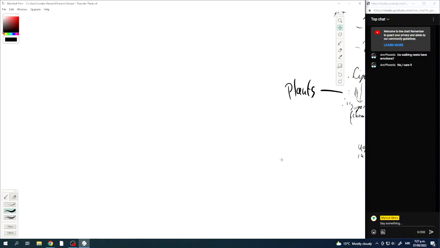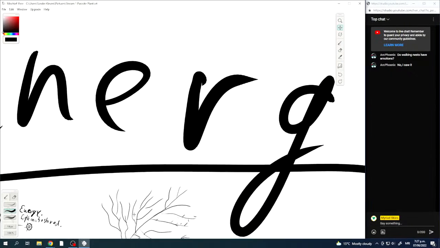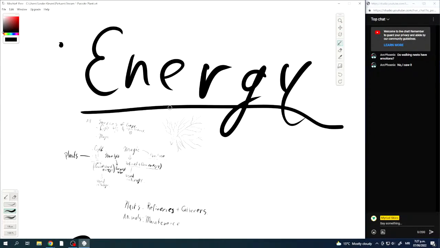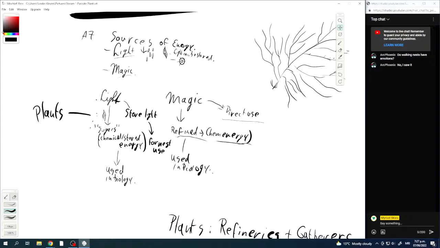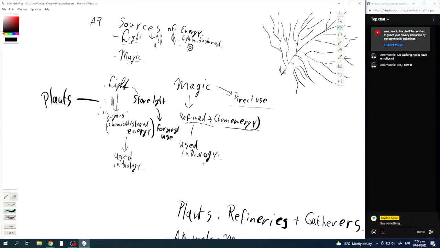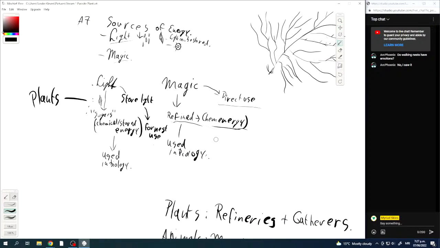So yeah, that basically comes down to, right. Is magic used as chemical energy? Maybe in some processes.